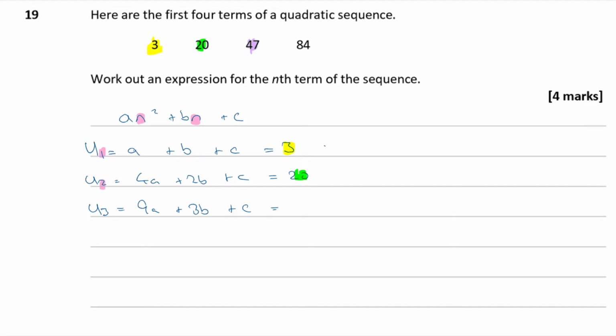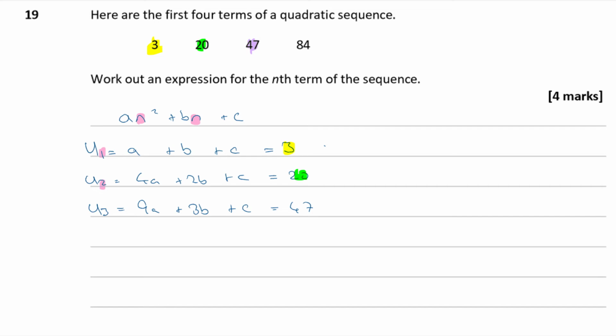So what I've got now is 3 equations in 3 unknowns, a, b, and c, which I can hopefully use simultaneous equations to solve. With 2 equations and 2 unknowns, you eliminate one of the variables and then you've got the other one, haven't you? But with 3, you've got a couple of extra steps, because you have to eliminate 2 variables. So I'm going to do this first by subtracting the u1 expression from u2.